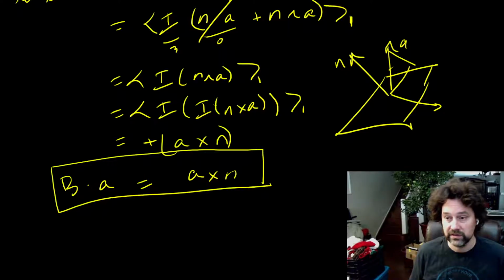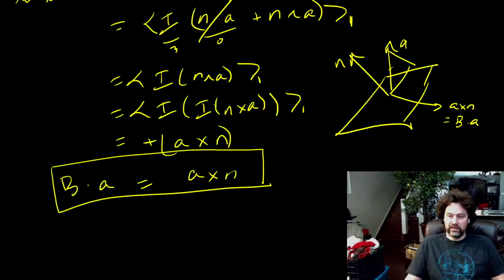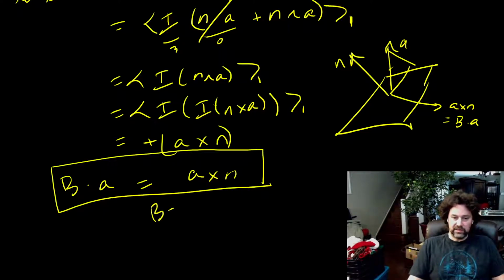This one here is a cross n equals b dot a. So the duality relationship of b equals I n allows us to reinterpret this dot product as just a cross product.